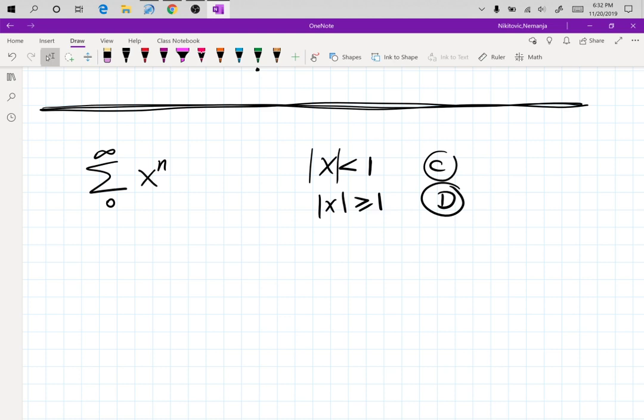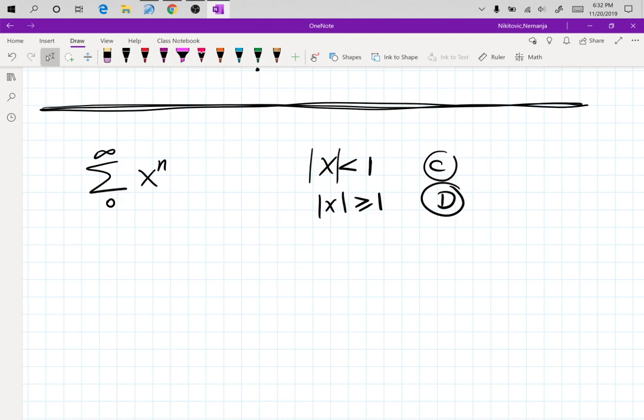But as soon as you pick that x is 3, then you don't have a power series anymore, right? Because x equals 3 changes it into the summation of 3 to the n, and that is the good old geometric series from your chapter 10.